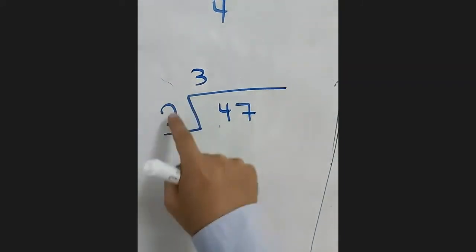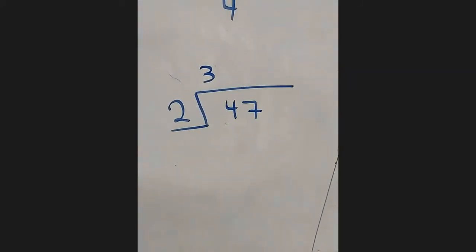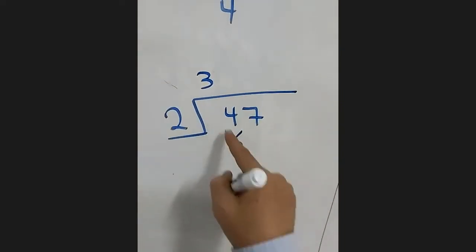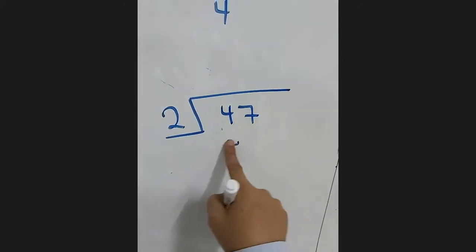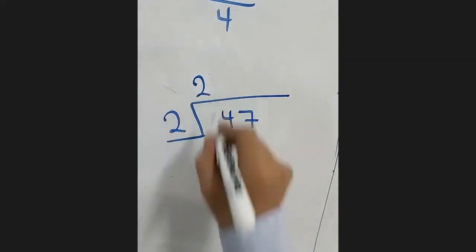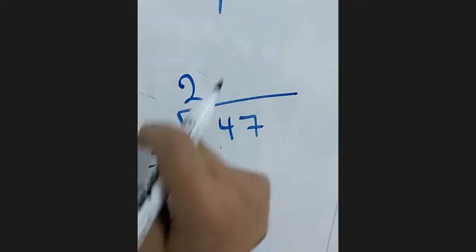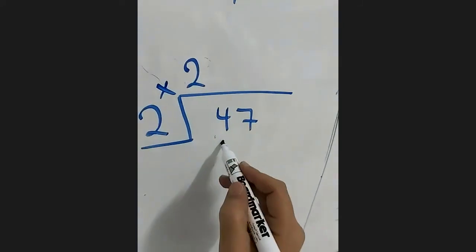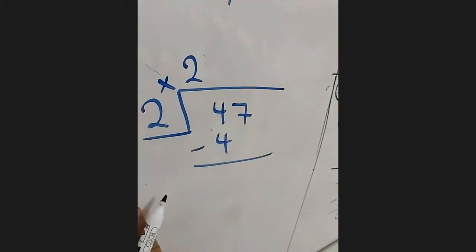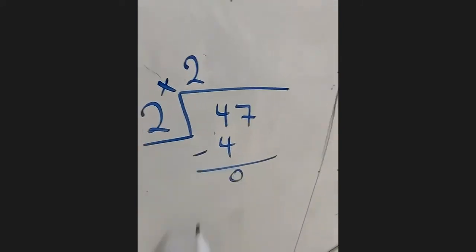Because 3 multiply 2 equals 6, and 6 is bigger than 4. We cannot use the 3, right? So as you said, we need to use 2. Now, 2 multiply 2, how much? 4. Subtract, 0. Then, what's the next step?